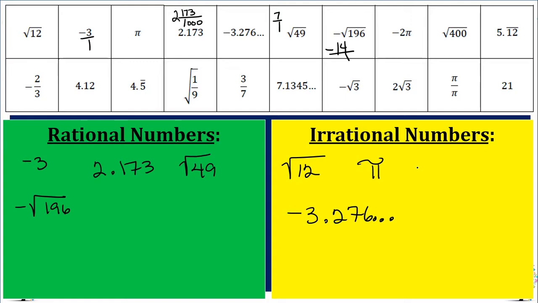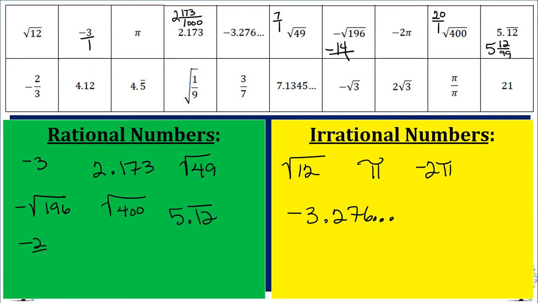We have pi in that expression, so it's irrational. The square root of 400 is perfect, so it's rational. We have 5 and then 12 over 99. So this is rational.